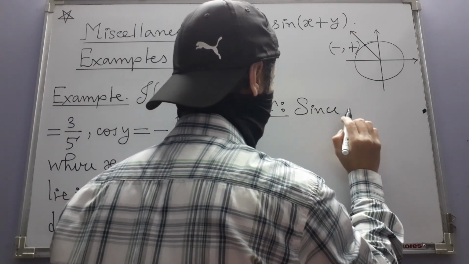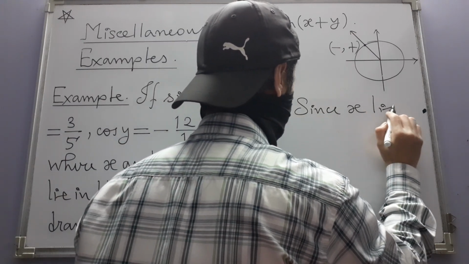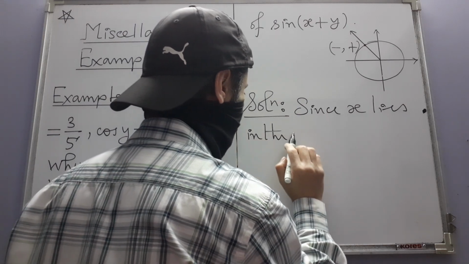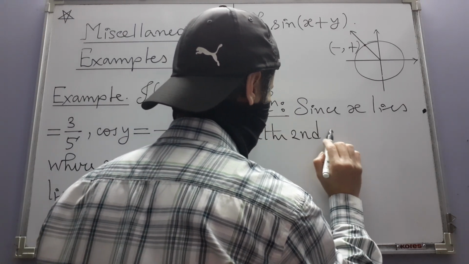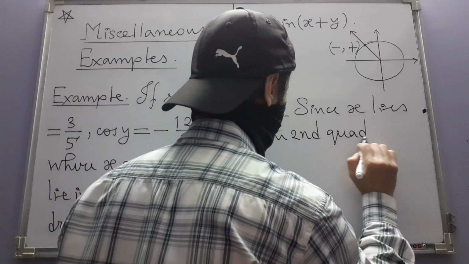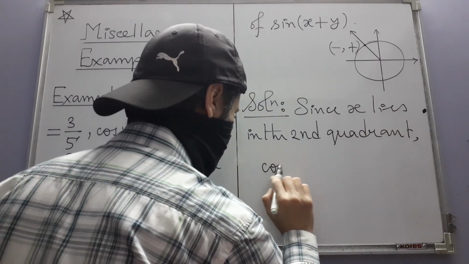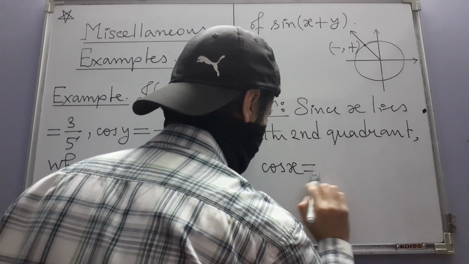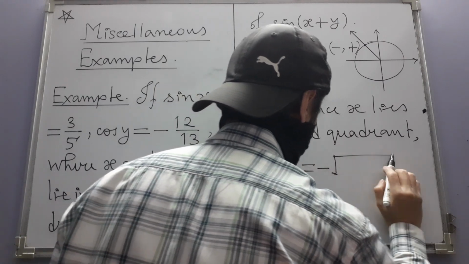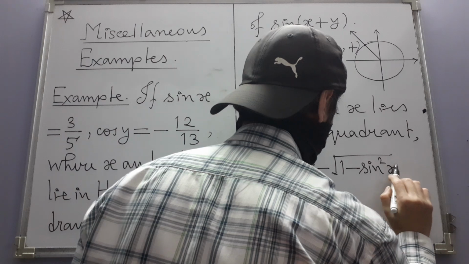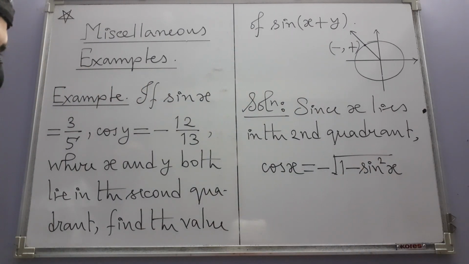Since x lies in the second quadrant, so cos x will be minus square root of 1 minus sin square x.